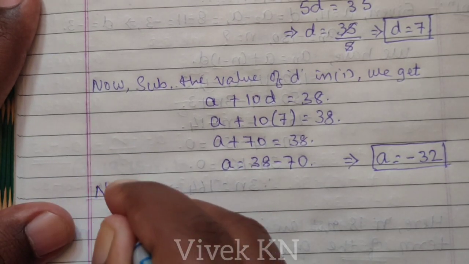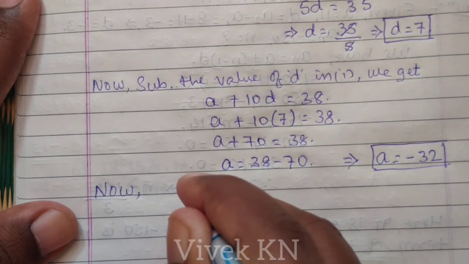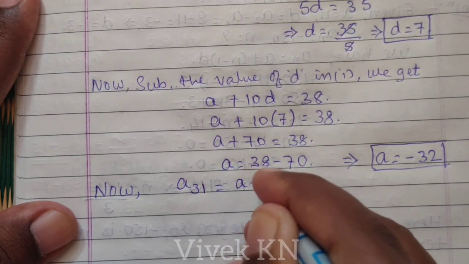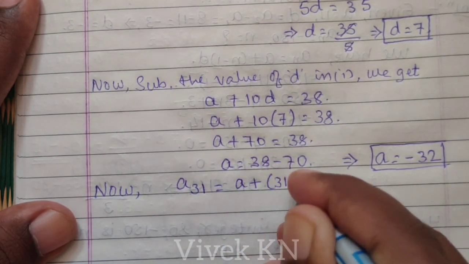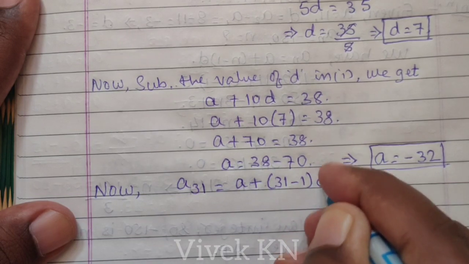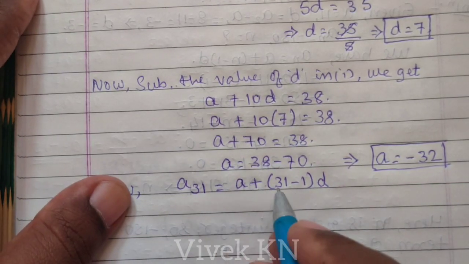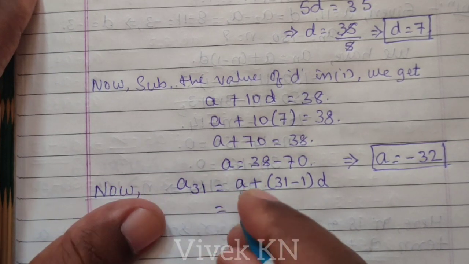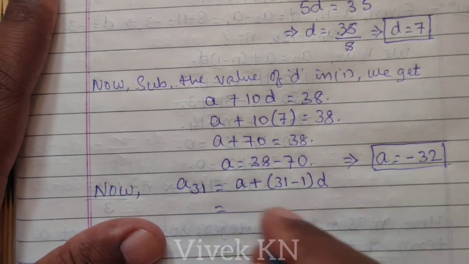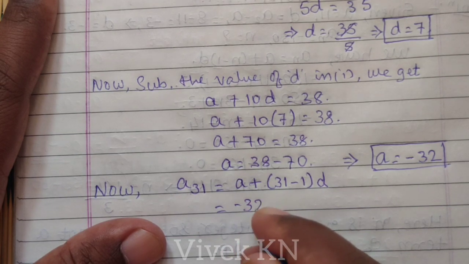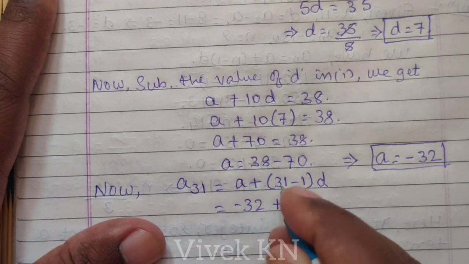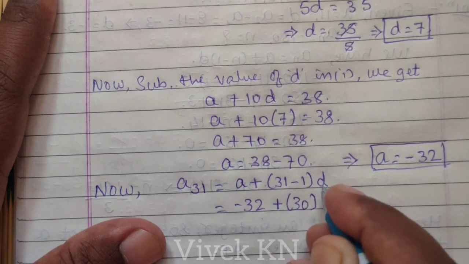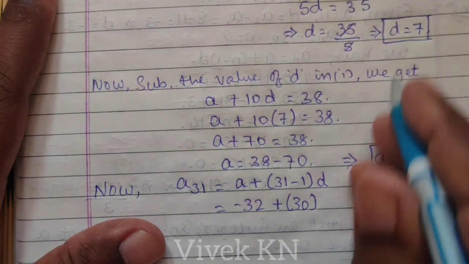Now a31 is equal to a plus n minus 1 into d. n is 31, so 31 minus 1 into d is equal to the value of a, which is minus 32, plus 31 minus 1 is 30. The value of d is 7.